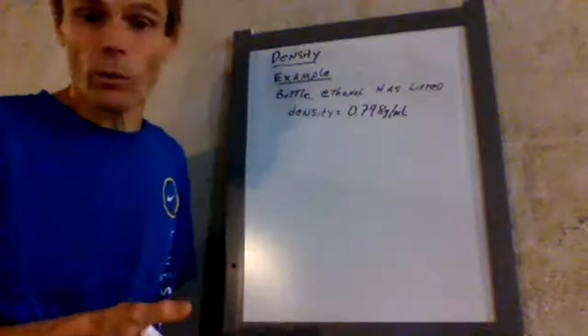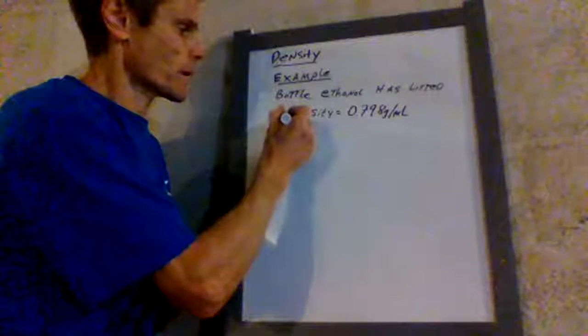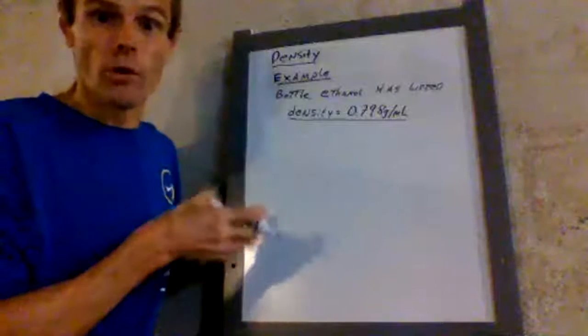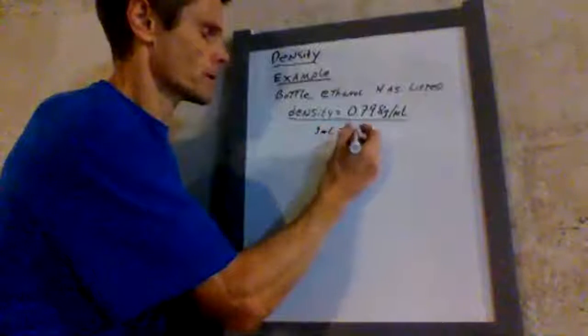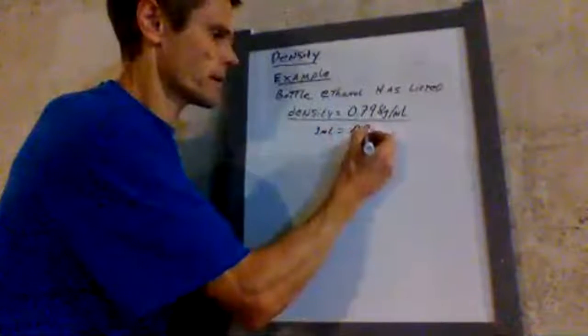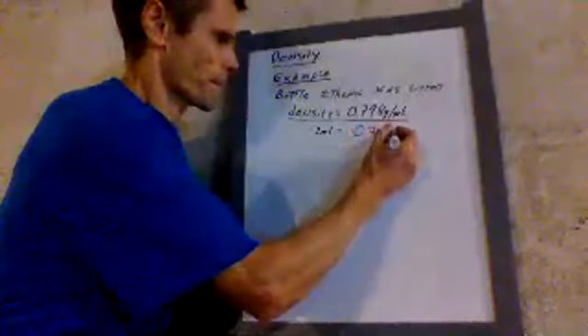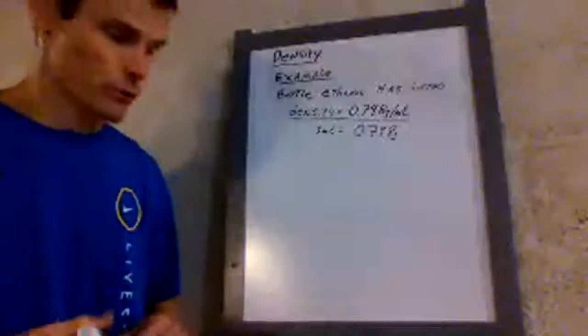So that's an important piece of information. It's written on the label. We're going to treat this as a factor. It's a known amount. In other words, every milliliter of ethanol contains 0.798 grams. It's a conversion factor because it's written on the label and it's given to us in the laboratory.